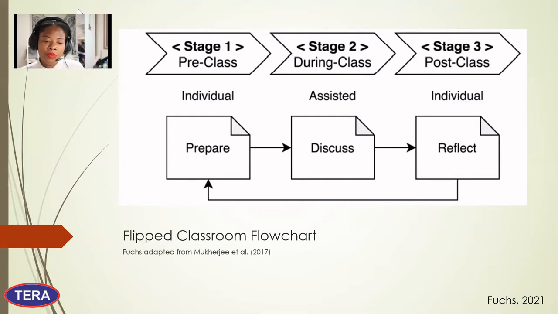A typical way to do this is to have some sort of discussion about what was prepared for class. And then stage 3 is the post-class, where the student again is working independently and they are meant to reflect on the discussion in stage 2, or perhaps what they had prepared in stage 1.